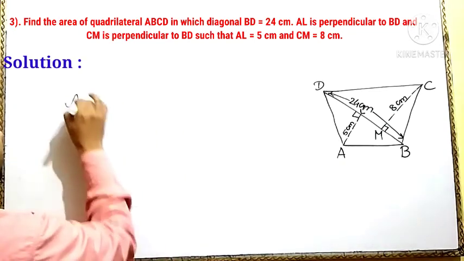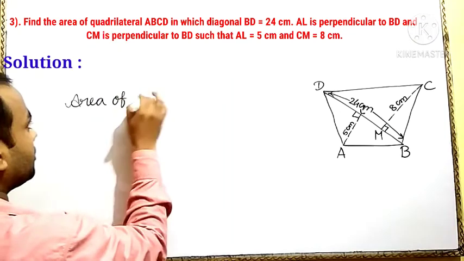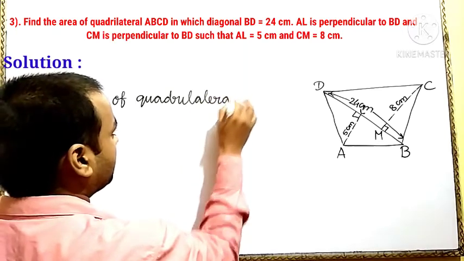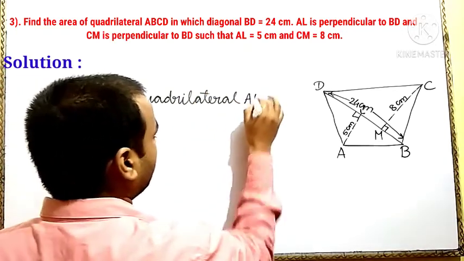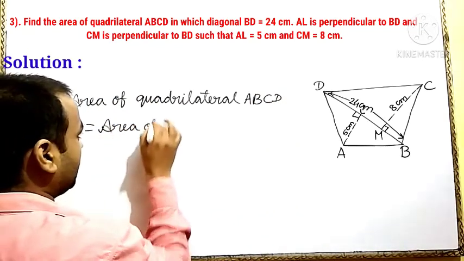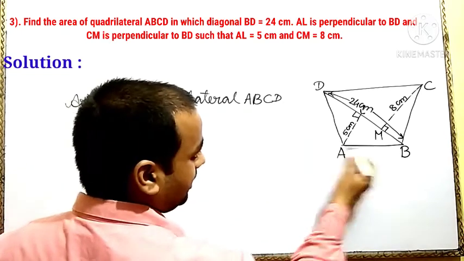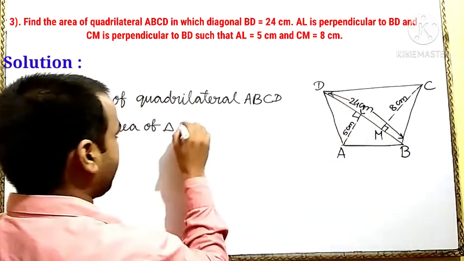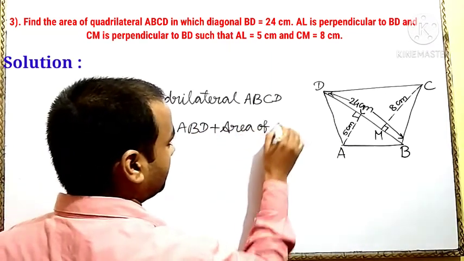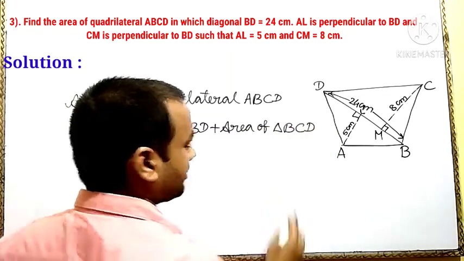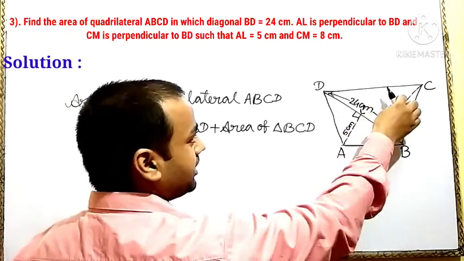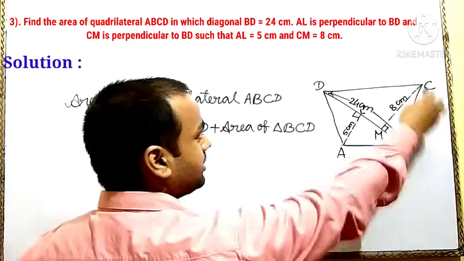So here find the area of quadrilateral ABCD: area of triangle ABD, the first triangle, plus area of triangle BCD. When we find the area of both triangles and add, we get the area of quadrilateral ABCD.